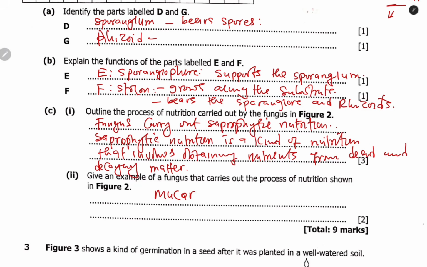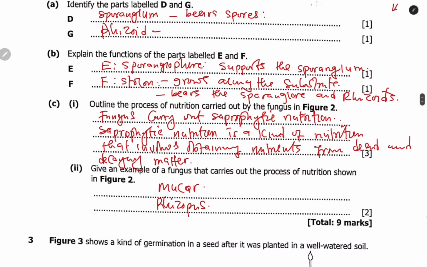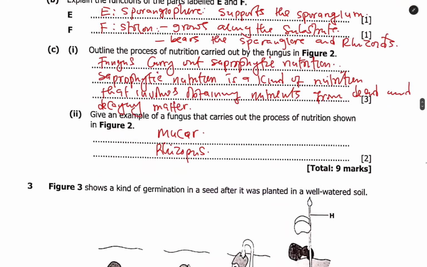I guess this is the correct spelling. Then of course you also have what is known as Rhizopus. Mucor, Rhizopus. So we can talk of these as examples. So this brings us to the end of question 2.